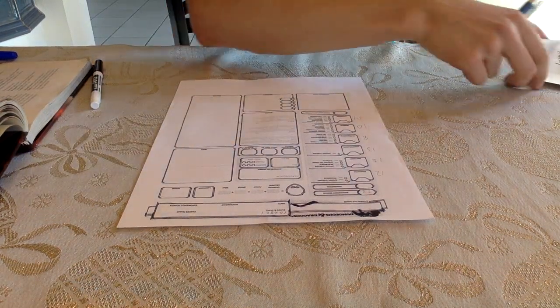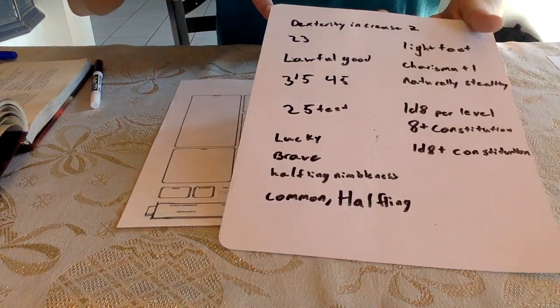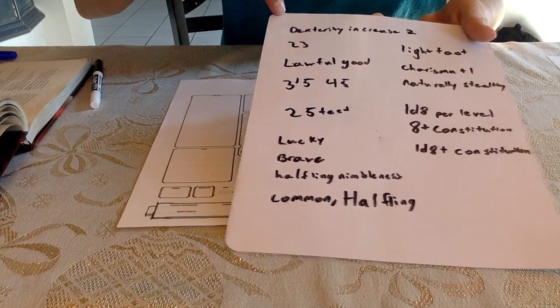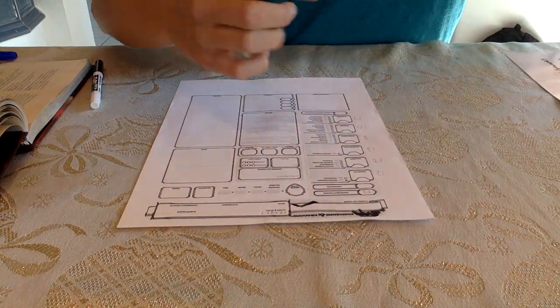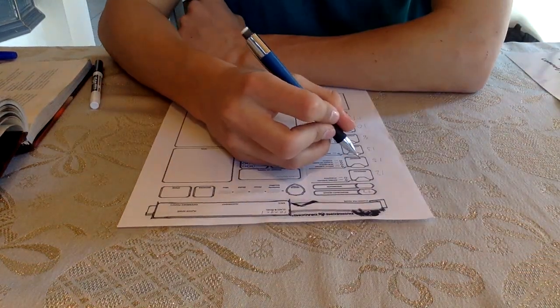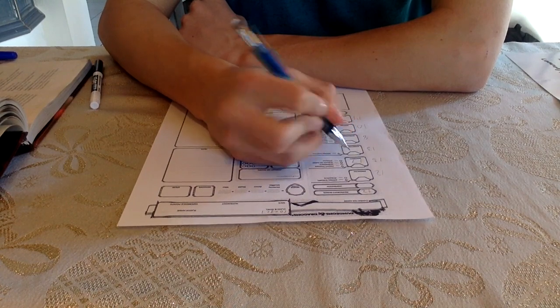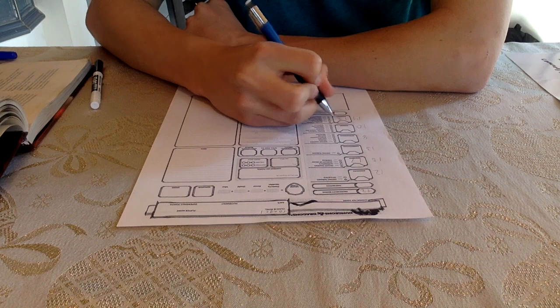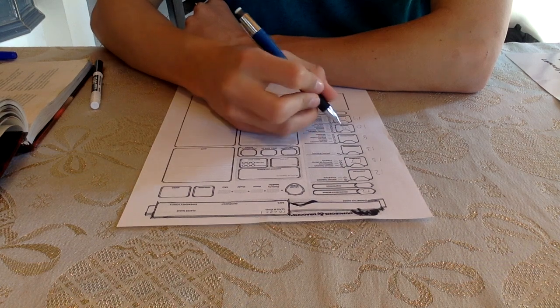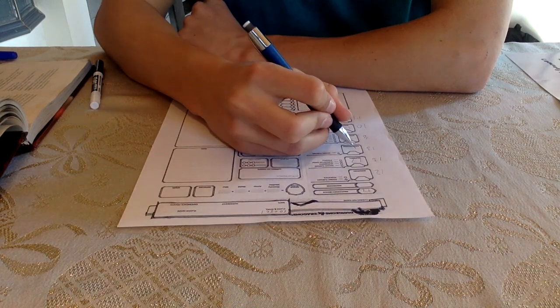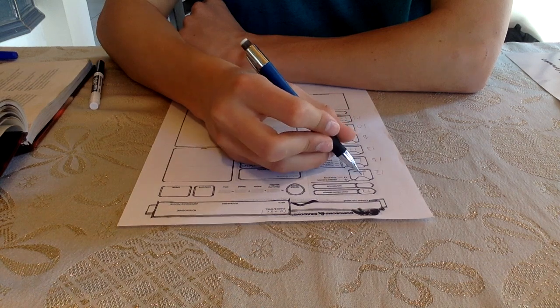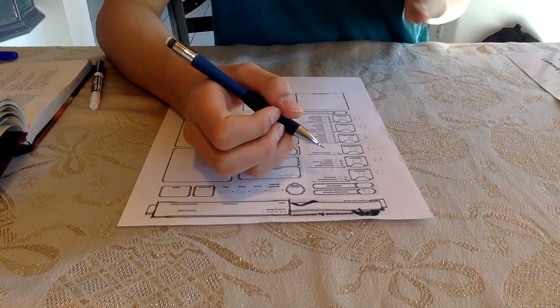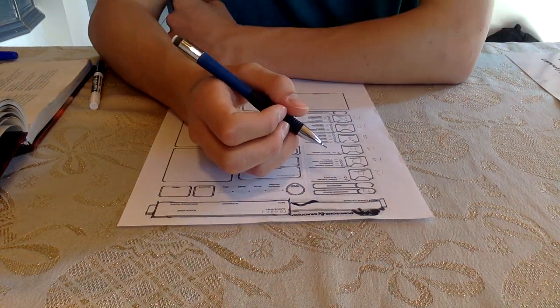Now I take my increases from my racial traits, and I'm going to increase my dexterity by 2, so I end up with a final of 17. My charisma score is 15 because I get an increase, but the other ones stay the same: 10, 8, 13, and 12.